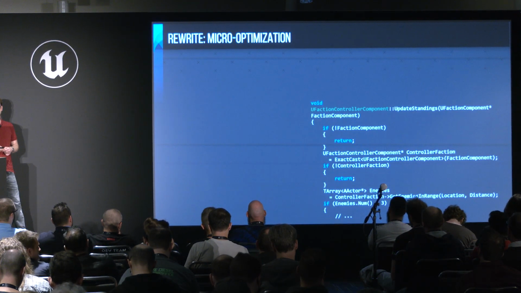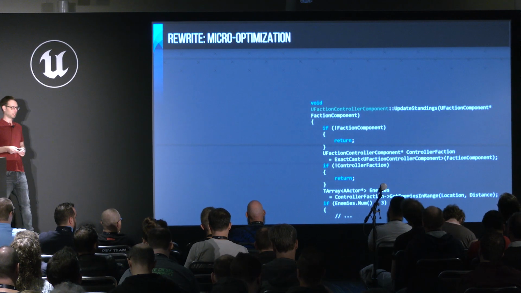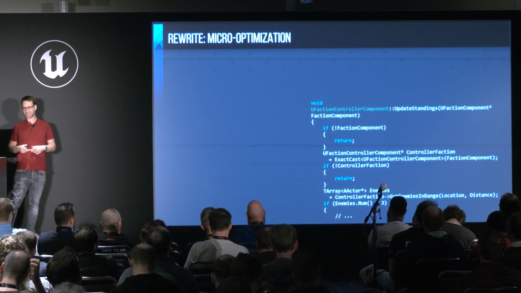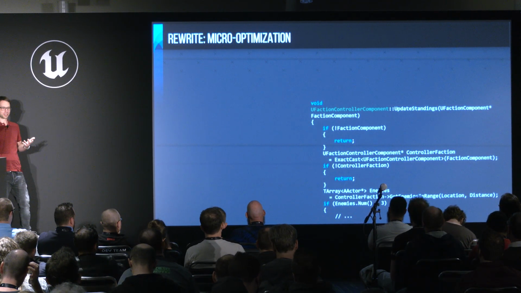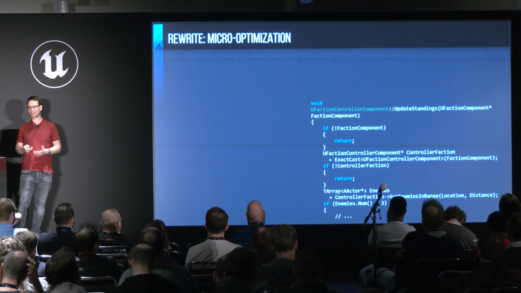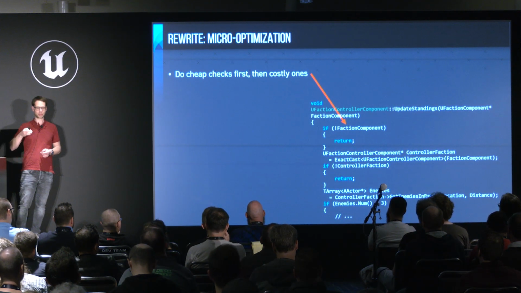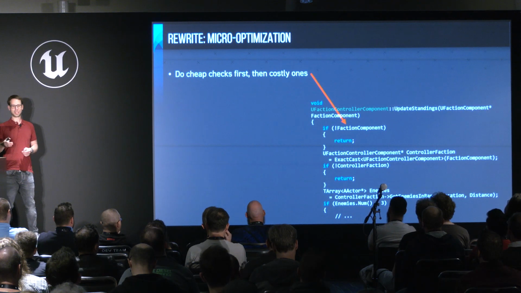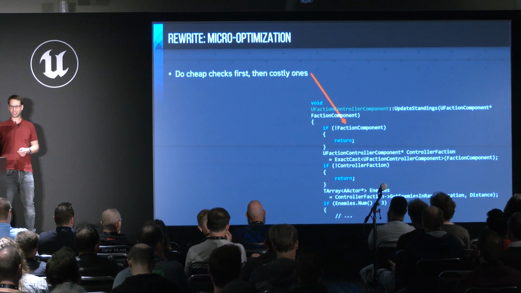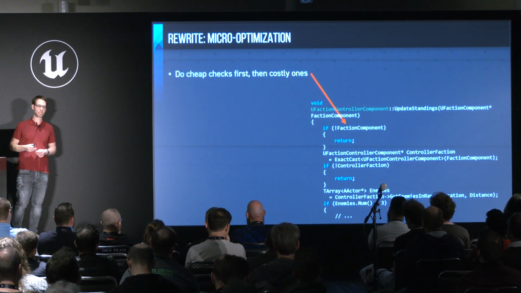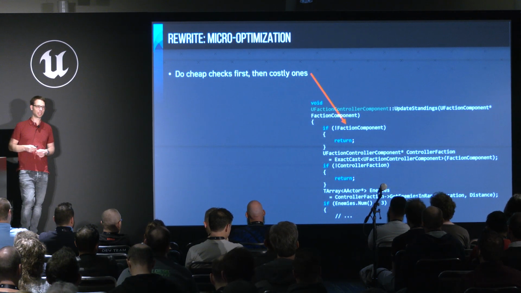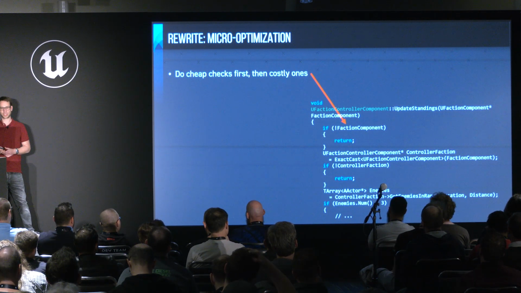All right. I mentioned micro-optimization in the beginning, and at some point you come to the point that you need to do this after all, so you need to worry about your instruction level performance, right? You need to worry about things like: I do the cheap checks first, check the pointer first, then do the cast, and then call a more expensive function potentially.